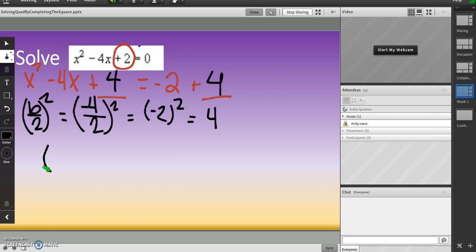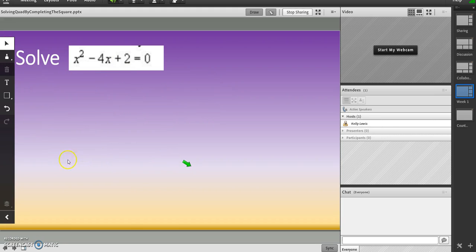Alright, so now I'm going to write this guy as a perfect square. So I'm going to do x, and in this spot right here is that b over 2. And so b over 2 is -2. And then -2 plus 4 is +2.